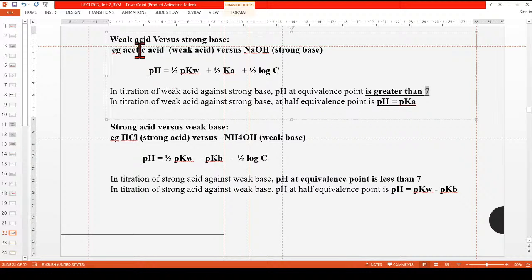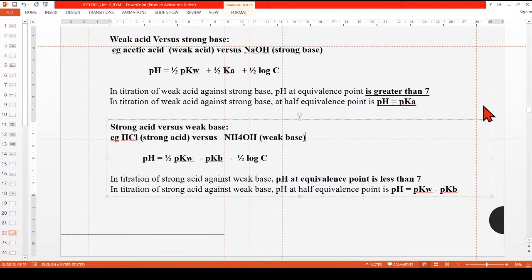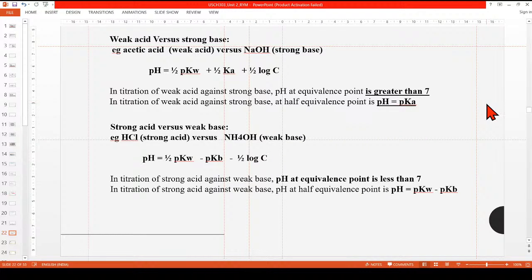So here, the indicators used for weak acid versus strong base are selected so that, since the pH at the equivalence point is greater than 7, their pK indicator value matches in that region.